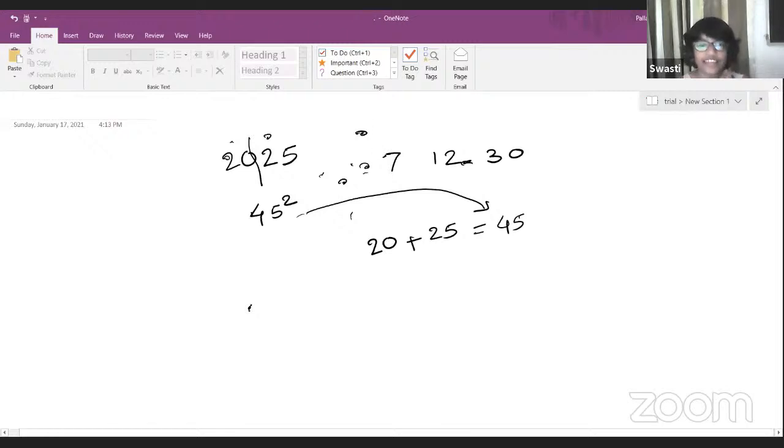Let's see another number like that. 81 is the square of 9. And if we cut it in two parts, 8 plus 1 is 9 again. Wow. So these numbers are called Zarasandh numbers.